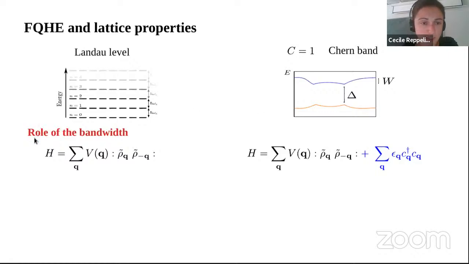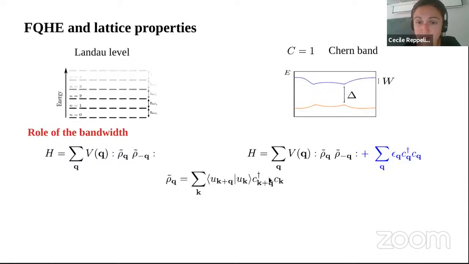And so maybe this expression here is the answer to the question from the previous slide of what the Hamiltonian is. Here I've written it in k-space. So V of q would be 1 over q times some numerical factor. And then you have the density interaction, normal ordered, and this is a projected density.